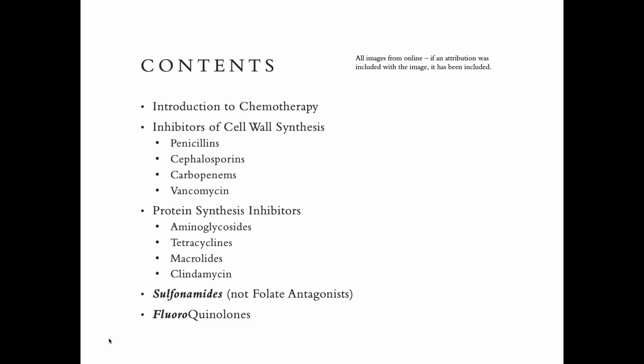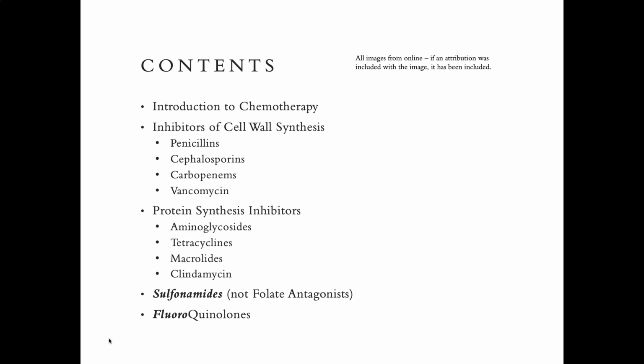Please note, before we get started, and you need to know this for the quiz, there are no drugs that both inhibit cell wall synthesis and protein synthesis. They either do one or the other. They don't do both. And sulfonamides and fluoroquinolones don't do either one.